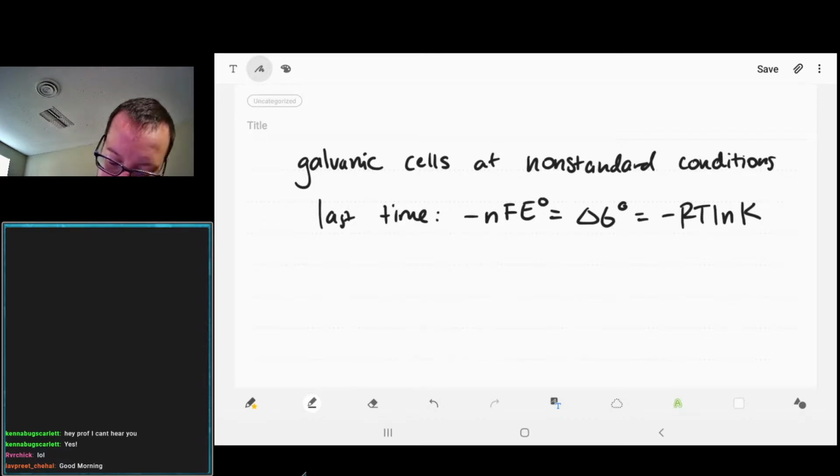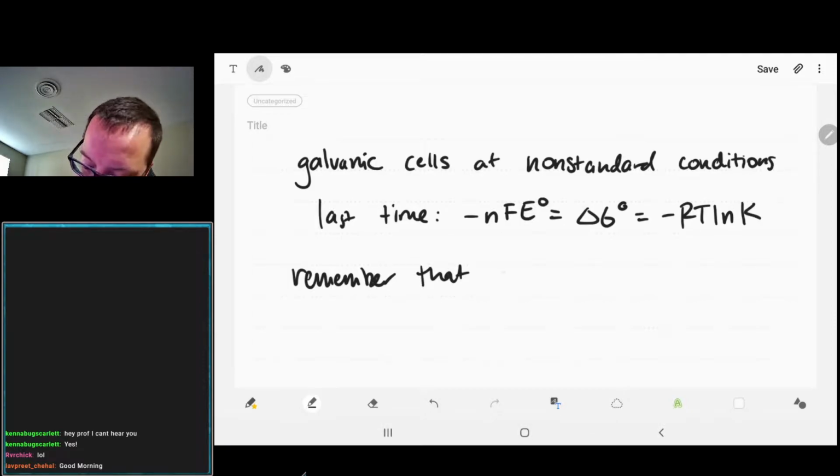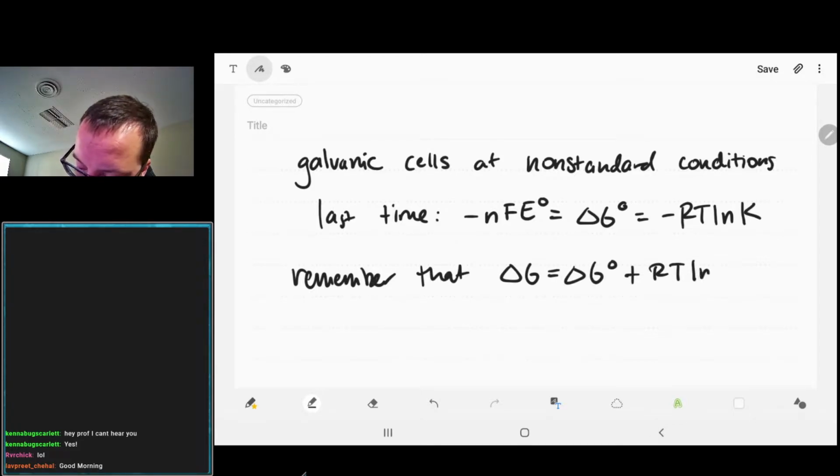We also remember that we could relate delta G at non-standard conditions to the standard delta G plus the term containing the reaction quotient at our given particular time, whatever that happens to be.